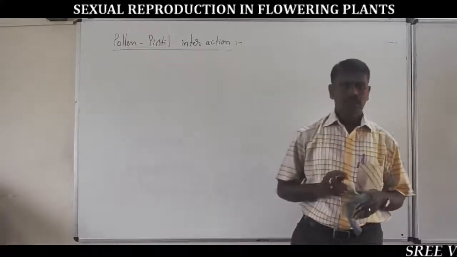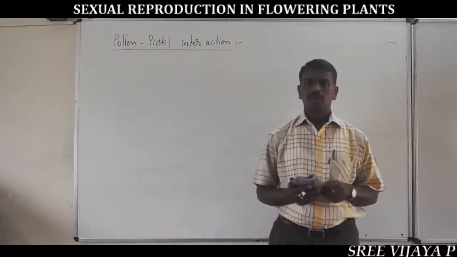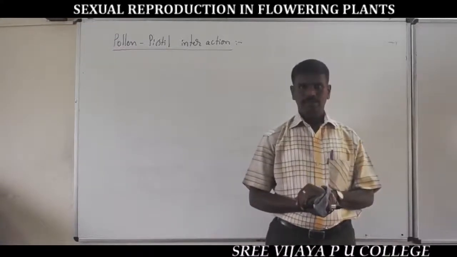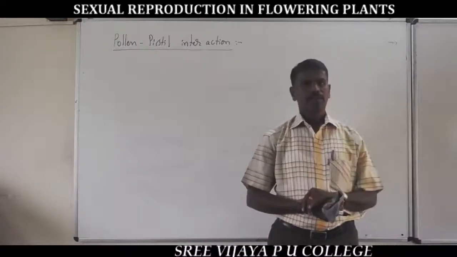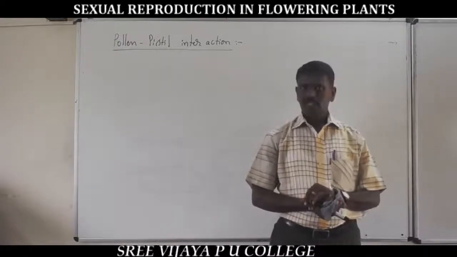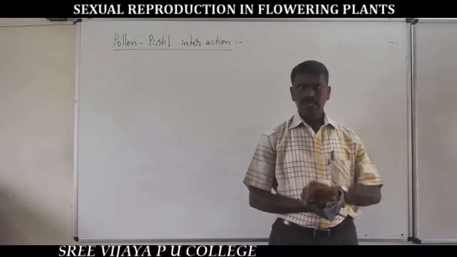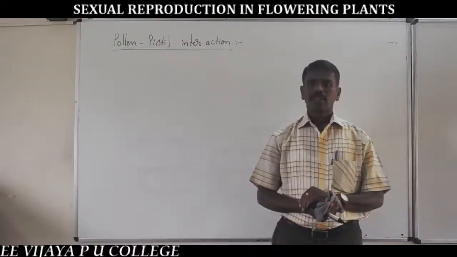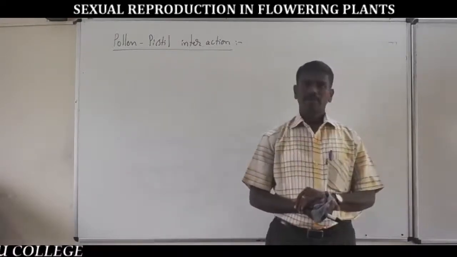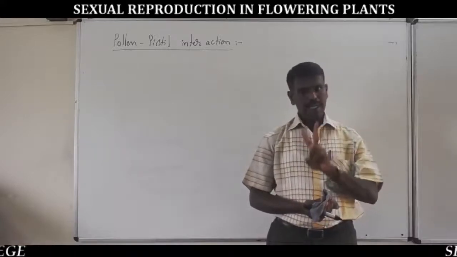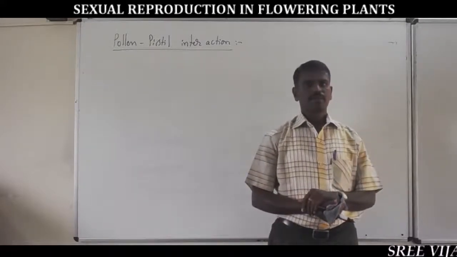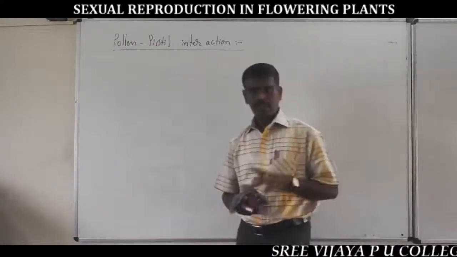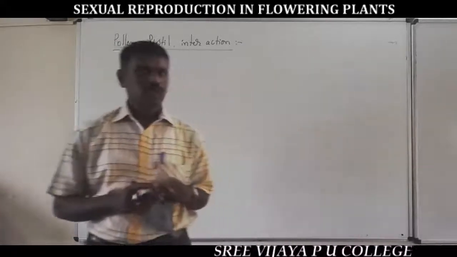Already we discussed. Pollen grain is a small, minute structure, 25 to 50 micron in size. It is a male gametophyte, which produces 2 male gametes. The pollen is released by the anther of a stamen. It is a microspore.